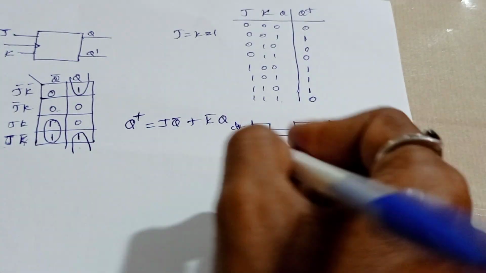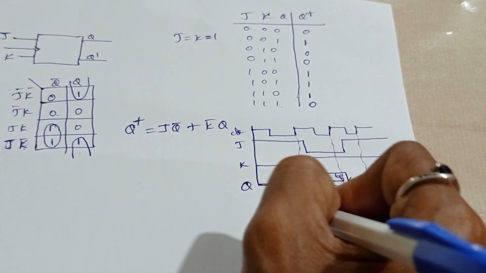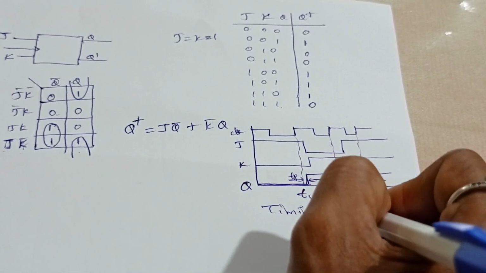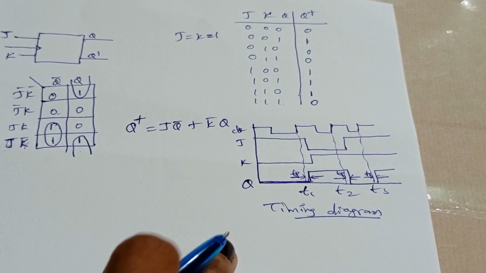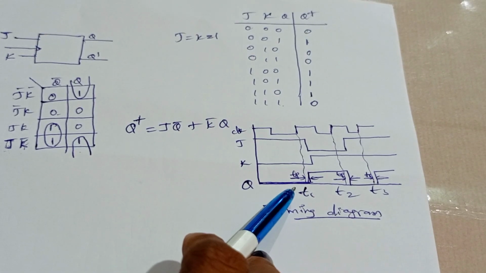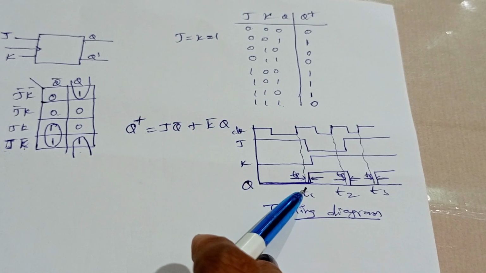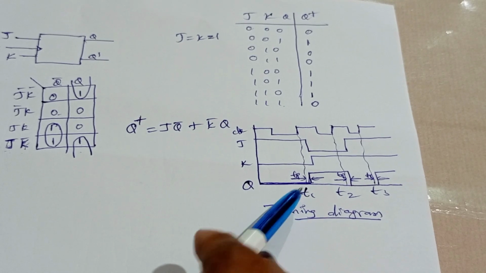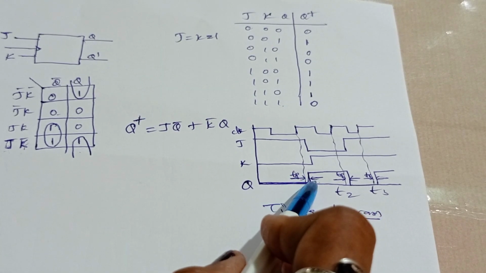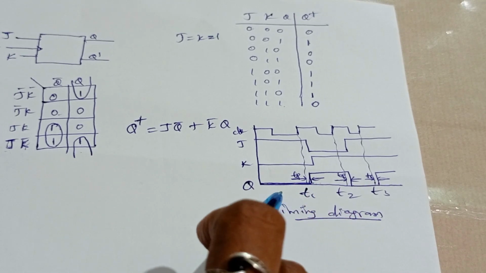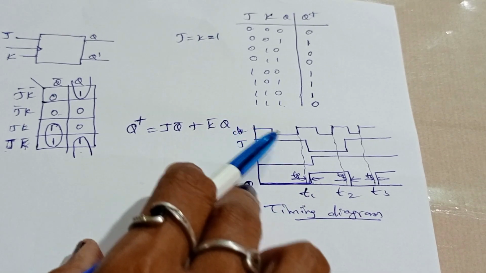Timing diagram for the JK flip-flop. In this timing diagram, output Q has a short time delay after the rising edge of the clock pulse. This is the short time delay. It provides that J and K have appropriate values.